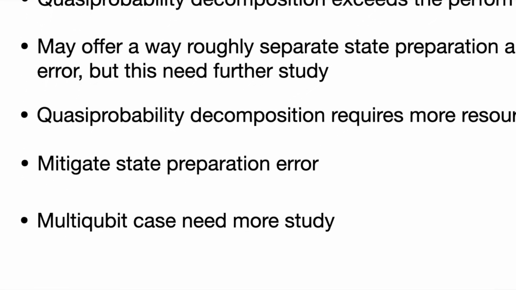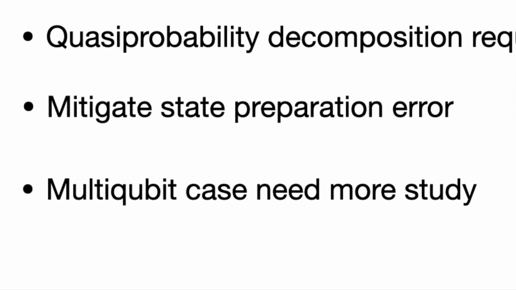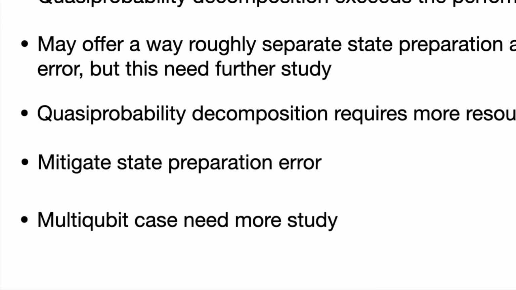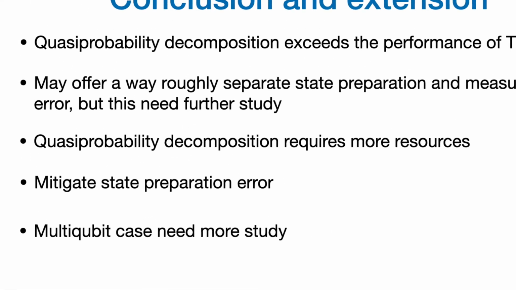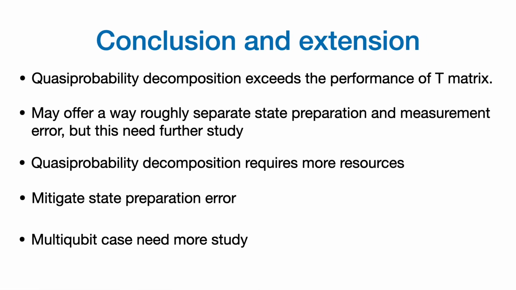And talking about multi-qubit, we want to say a few more words. We had a study based on the transition matrix last year. We tried to deal with the crosstalk between qubits with the transition matrix. However, we didn't really get a very satisfying result.